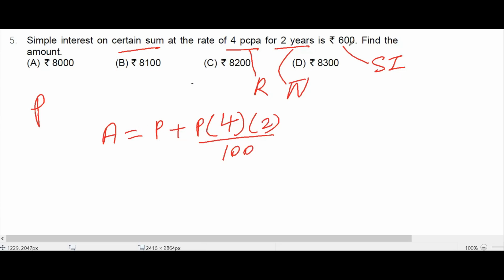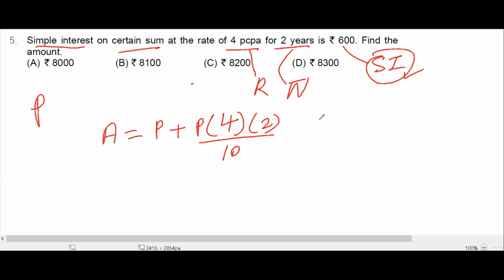Sorry, this is your amount. The simple interest on a certain sum at the rate of 4% per annum, no, it is wrong. Rate of 4% per annum for 2 years is 600. So this is simple interest only, and this is correct.